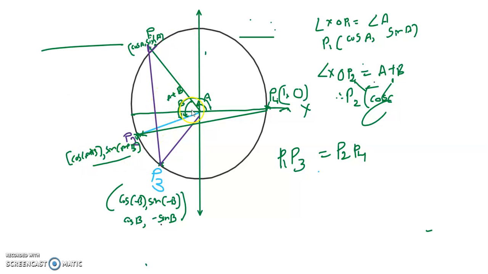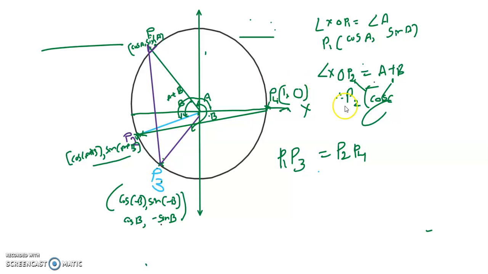Now, if this is angle B, I will consider the same measurement along the x-axis in a clockwise direction. It is the same as B, but in the clockwise direction, this measurement will be minus B. Then the line which meets the circumference of the circle at angle minus B is P3.